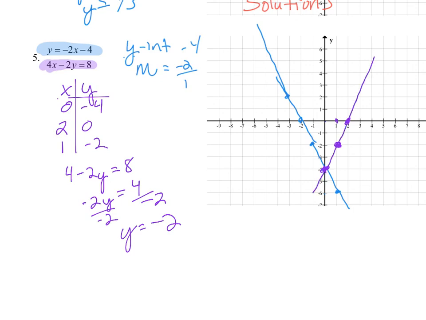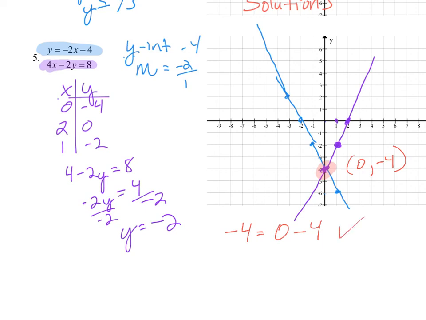And it looks like that's my intersection. This is 0 in the x and negative 4 in the y. So we're going to plug that in and see if it works. Y equals negative 4, well, if x is 0, that just goes away. 0 minus 4.